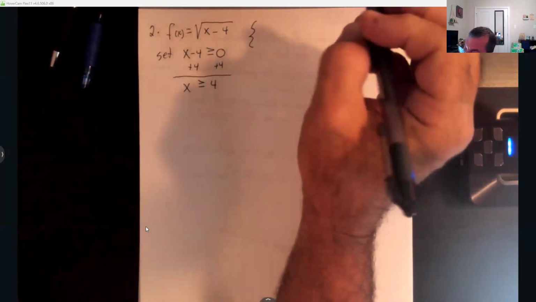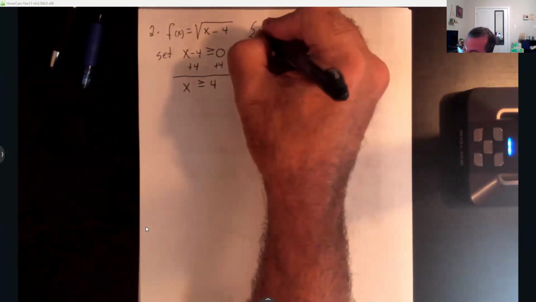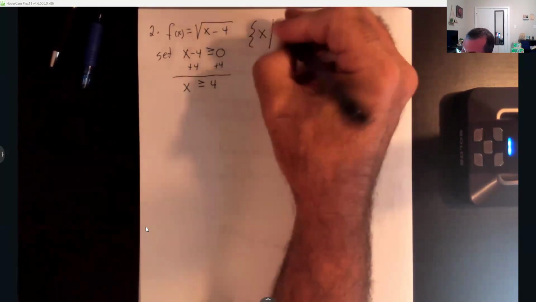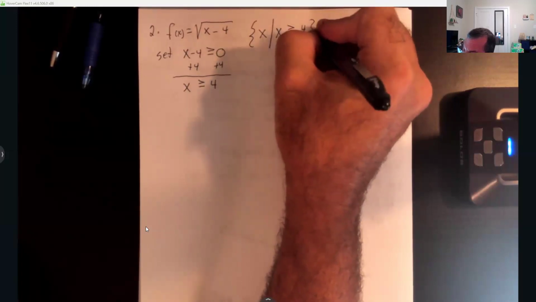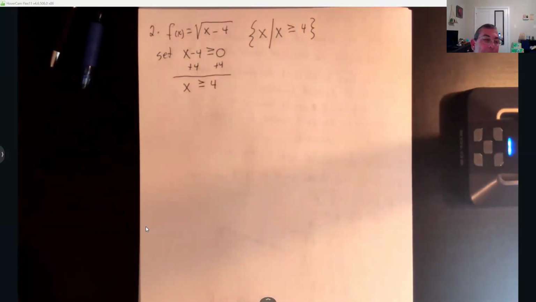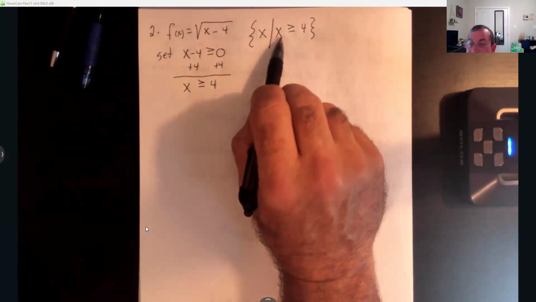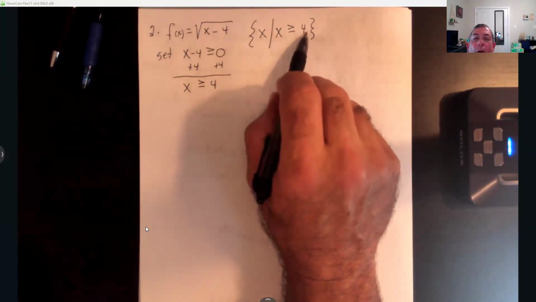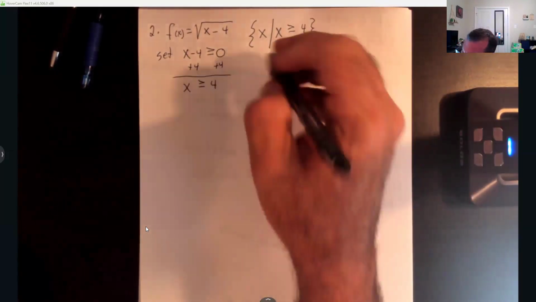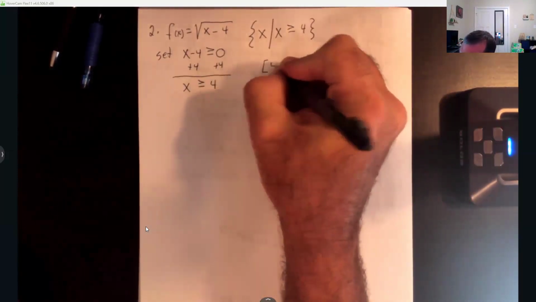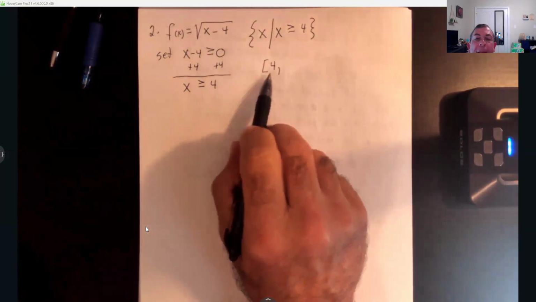So I'll show you both ways again. Set builder, you would have x such that x is greater than or equal to 4. Interval notation, x is greater than or equal to 4. Well, numbers get greater to the right side, so that means 4 would be the smallest number and have a bracket.